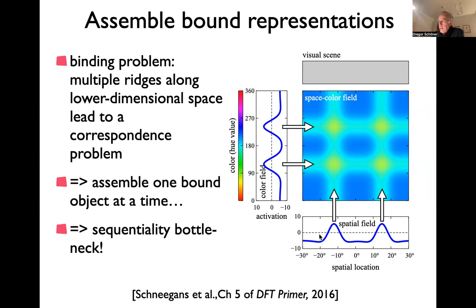And if you were trying to bind these two, you see that you would get these ridges, and they overlap or intersect at 4 locations, because you don't know if the green is at that location or this location, and the blue, this or that. So actually combining feature values to bind them actively only works if you do it one object at a time. Once you do that for more than one object, you have this problem, this so-called illusory conjunction.